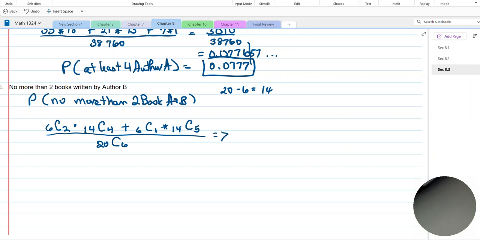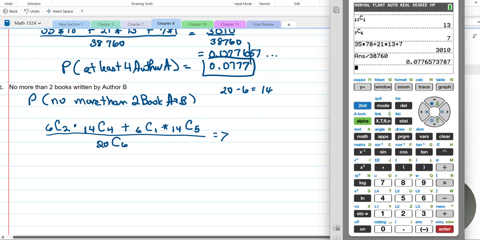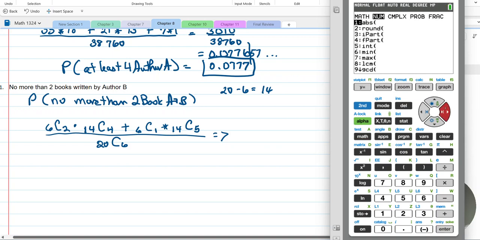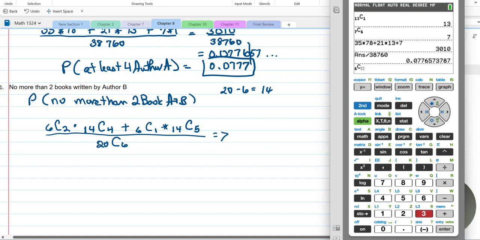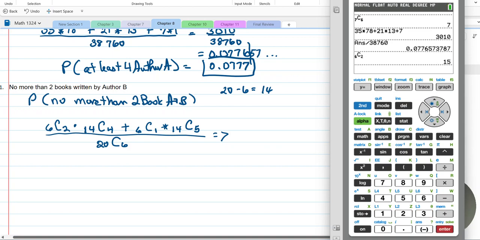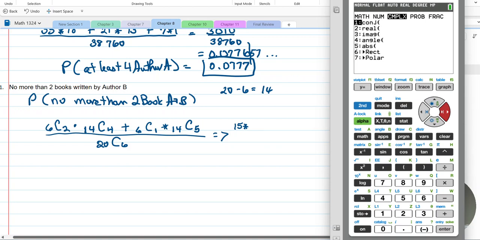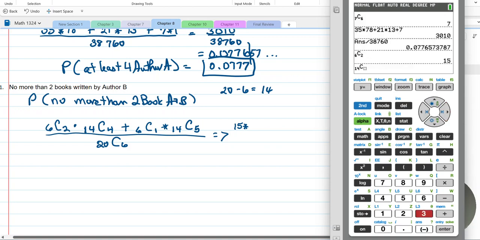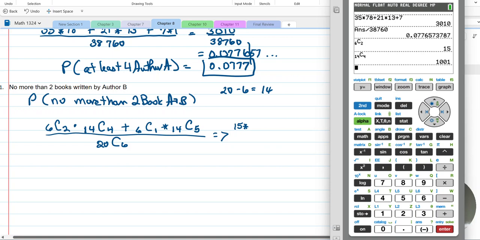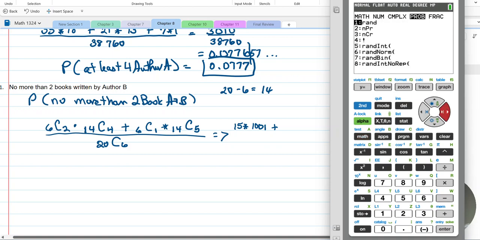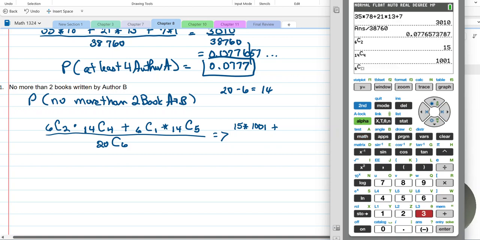Okay, here we go. 6 math, PROB, number 3, and we're choosing only 2. 14. And 14, math, PROB, number 3, choose 4. 1001. 6, math, PROB, number 3, and we're choosing 1.